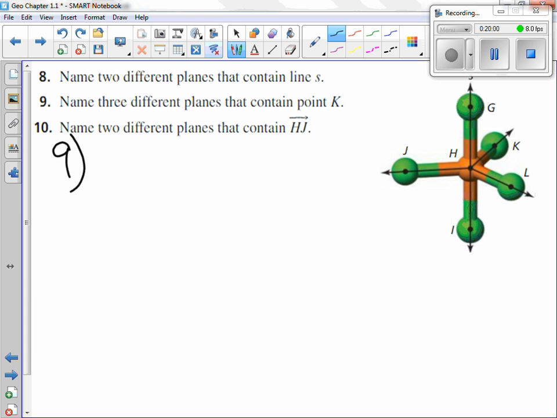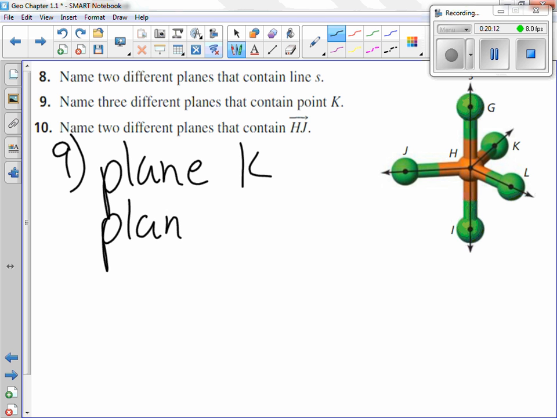Name 3 different planes that contain point A. Well, point K. Say what? KHJ.